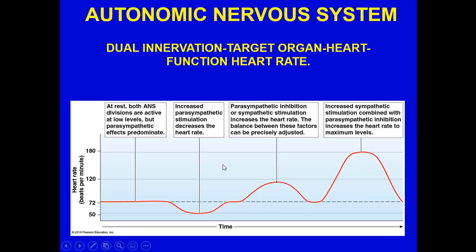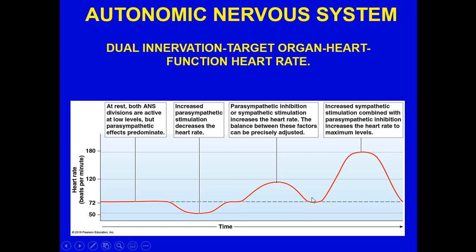As you can see here, this diagram shows very nicely heartbeats per minute. Heart is one of the best examples of dual innervation. So when you have an increase in parasympathetic stimulation, you have a decrease of the heart rate. When you have parasympathetic inhibition or sympathetic stimulation, this increases the heart rate.